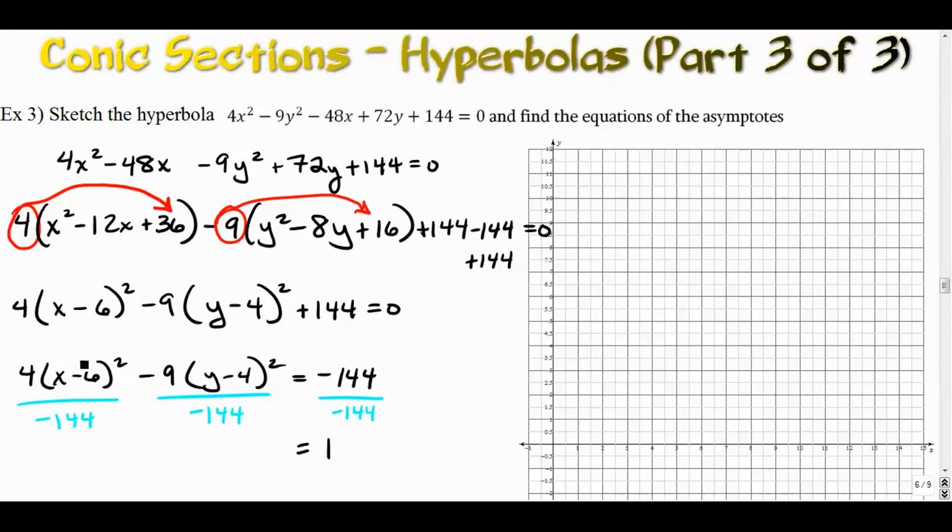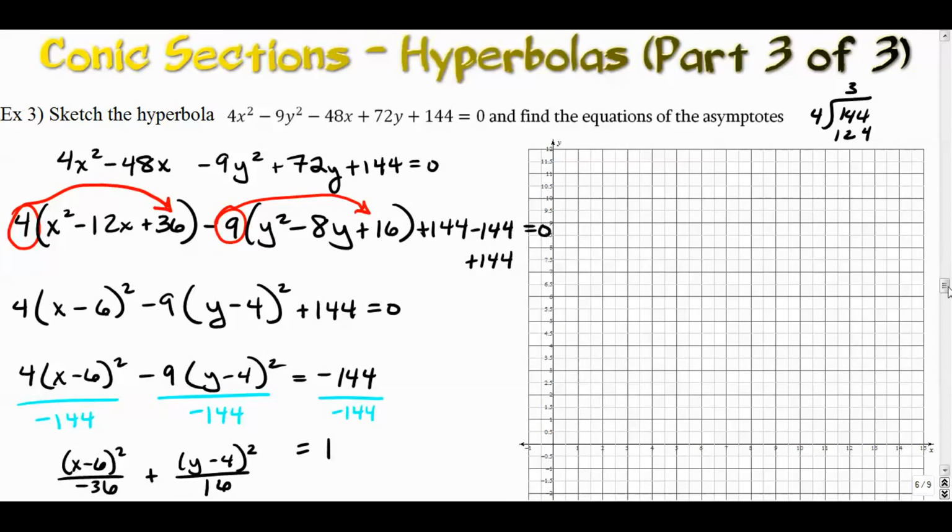When you do that, you get 4 divided by negative 144, which is 1 over negative 36. Negative 9 over negative 144 is just going to be positive 1 over 16.